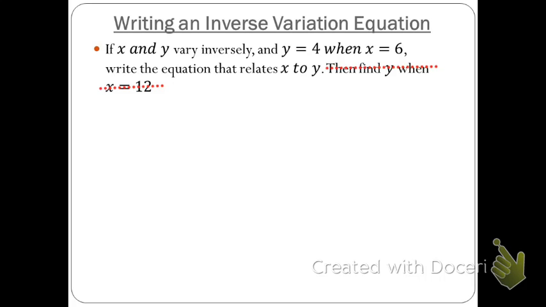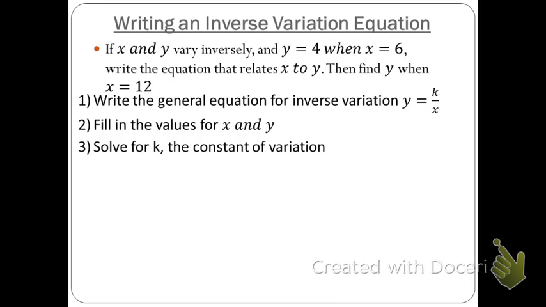The first problem says, let's write an equation that relates x to y when x and y vary inversely and y is 4 and x is 6. So what you're going to do is start with the generic formula, y equals k over x. We're going to write that general equation out. Then we're going to fill in our values of x and y, and we're going to solve for k. All right, so let's do that.